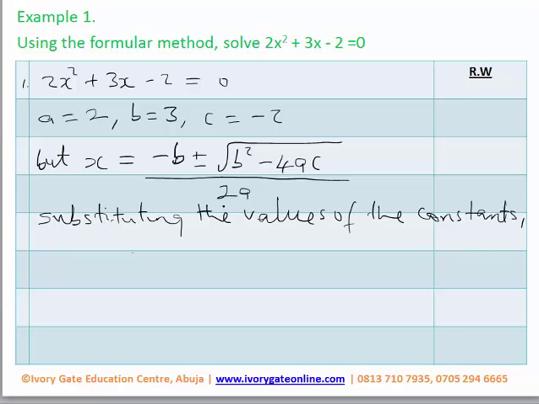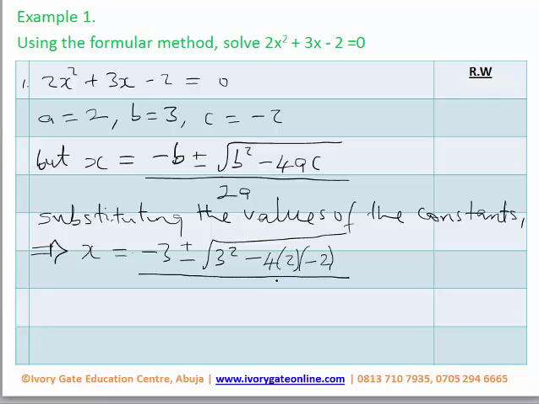Substituting the values of the constants in the relation, then we get that x is equal to minus b is minus 3 plus or minus b squared is 3 squared minus 4 times a, and a is 2, so we have 2 in brackets, multiplied by c, and c is minus 2, bracket closes, then all over 2a, and 2 and a is 2.